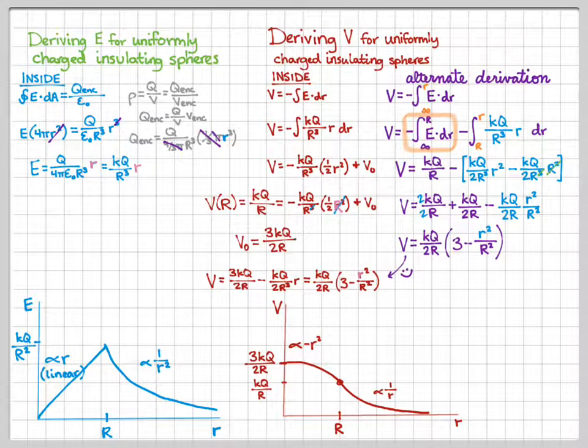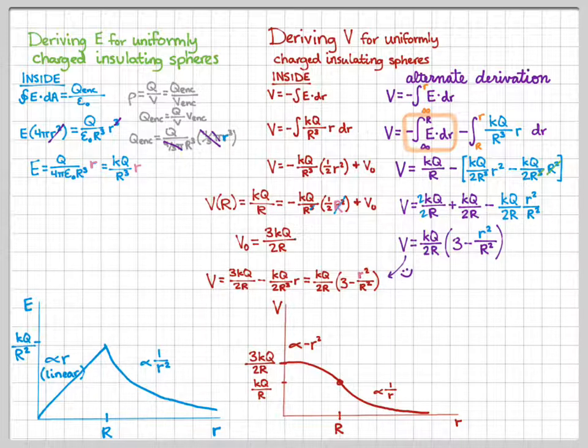So you can see in that fourth line of red, I set up my function for V at big R must be equal to KQ over big R, and I plugged in and solved for V naught, and I rearranged to get that lovely thing, KQ over 2R times the quantity 3 minus little r squared over big R squared.